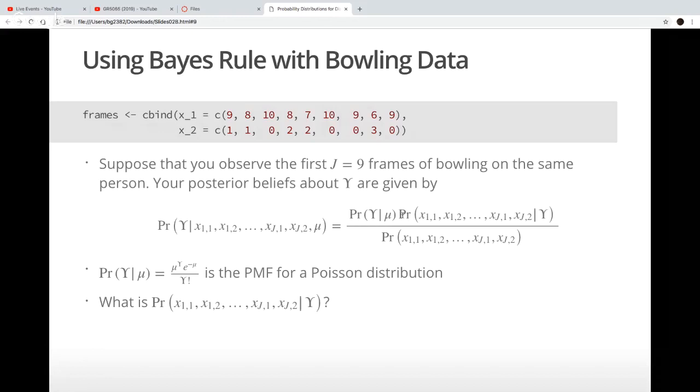What would be our expression for the probability of what happens on 9 frames? Say, the joint probability of what happens on 9 frames. Nine independent frames.